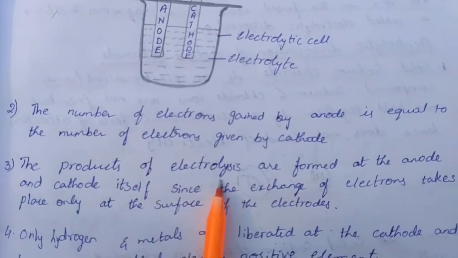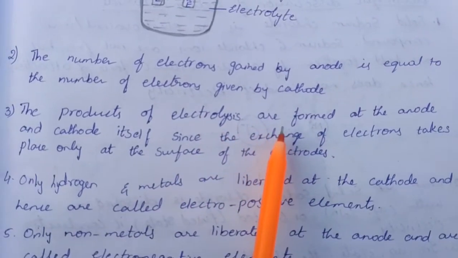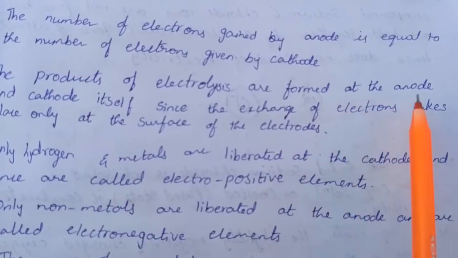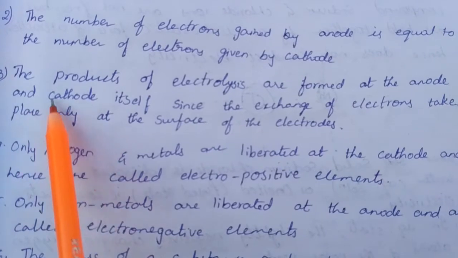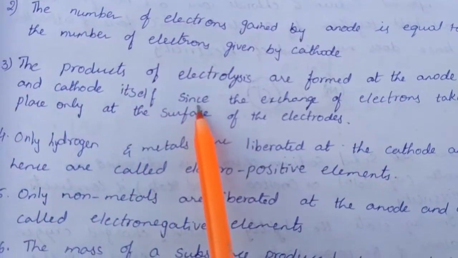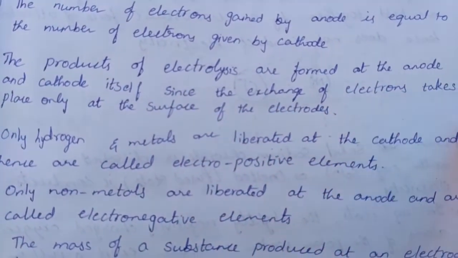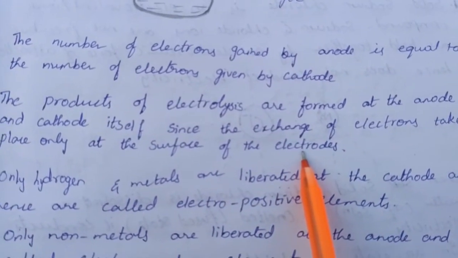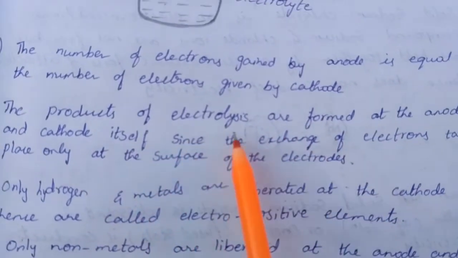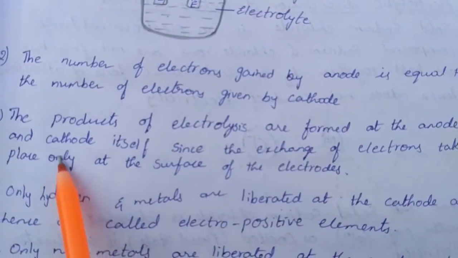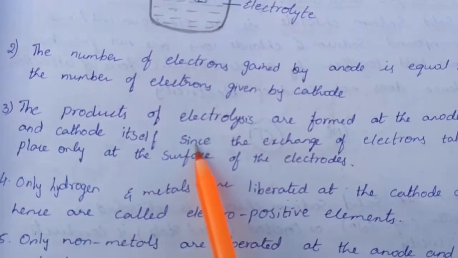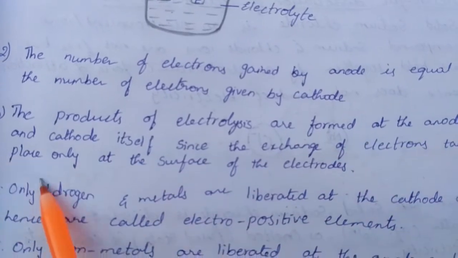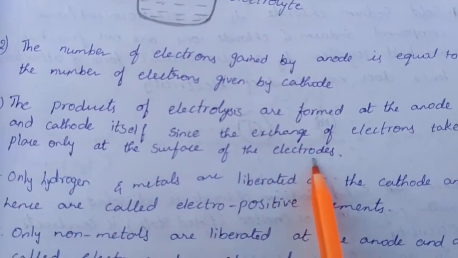The products of electrolysis are formed at the anode and cathode itself, since the exchange of electrons takes place only at the surface of the electrodes. So here in electrolysis, the products are formed at the anode and cathode because the exchange of electrons takes place only at the surface of the electrodes.